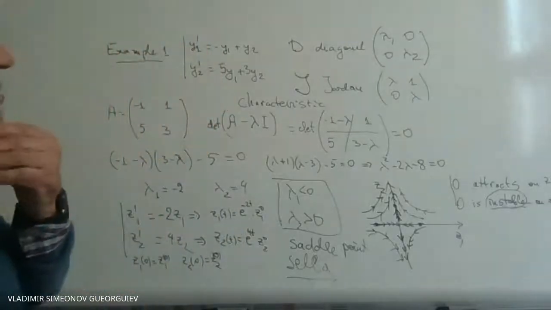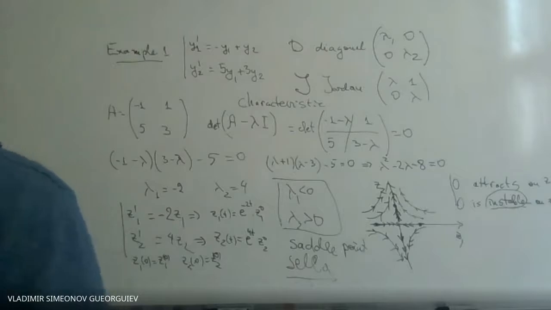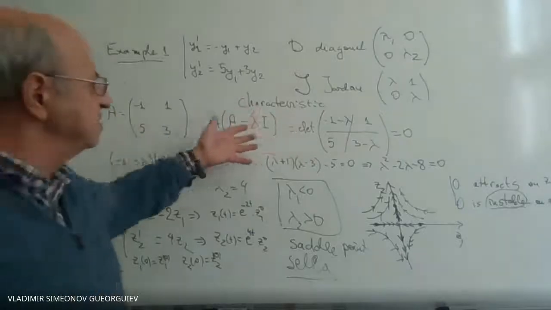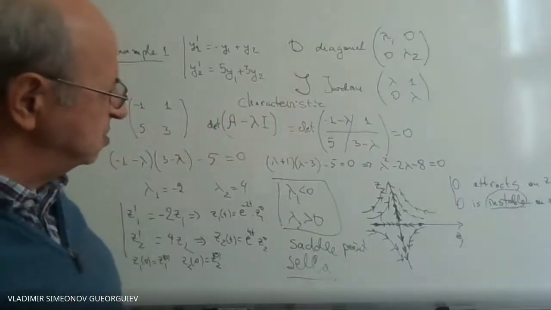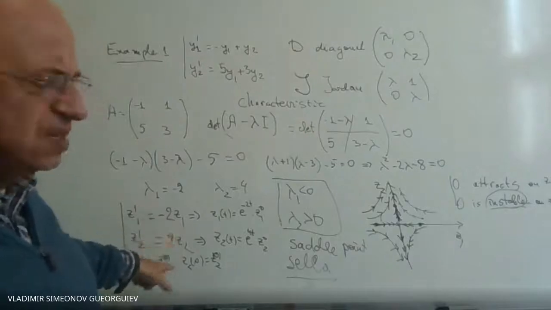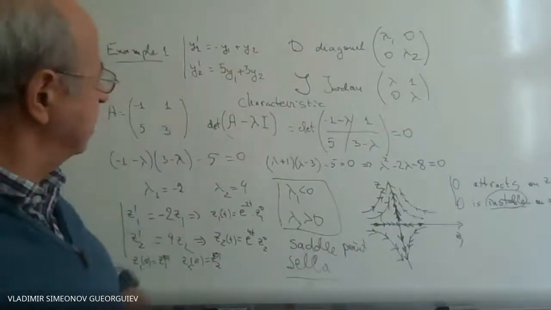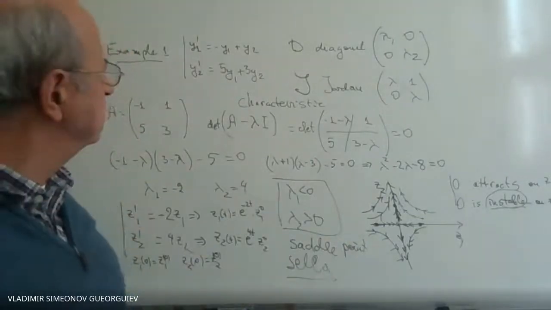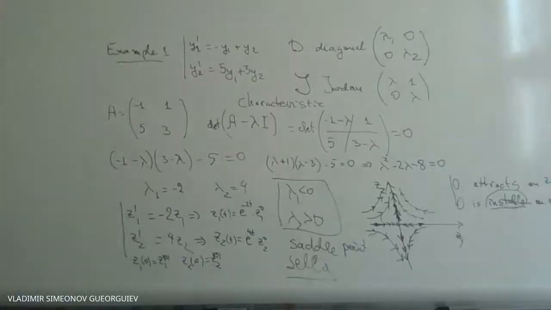Okay, next case. Let us take the next case. It is clear that once you find eigenvalues, essentially you can work with the system in Z. That's why in the next example I shall write you directly the system in Z, and we shall try to look at the system in Z. So the first case in Z was negative.